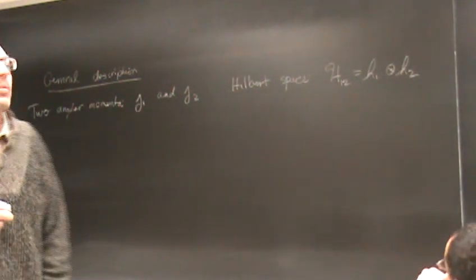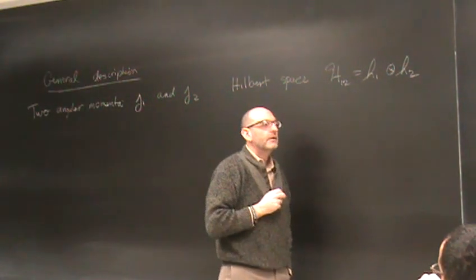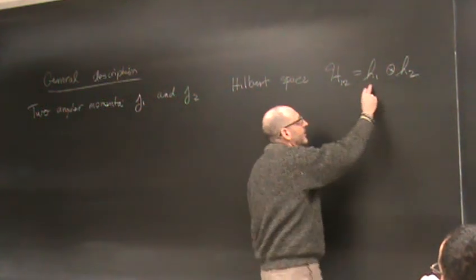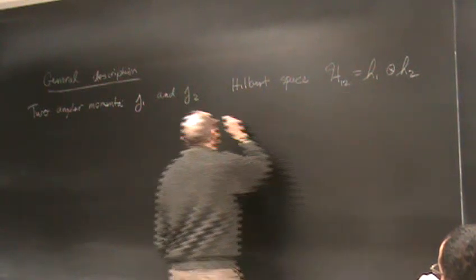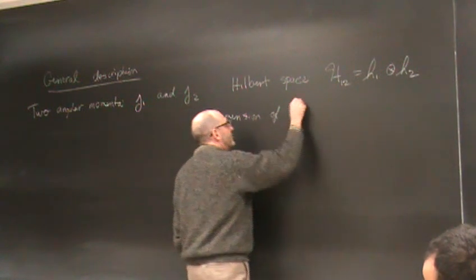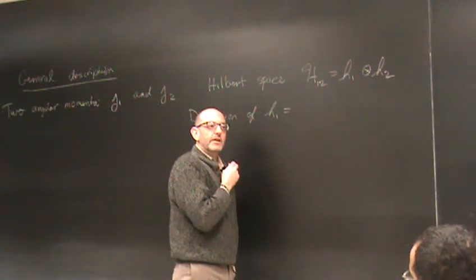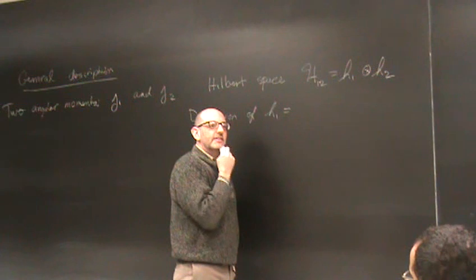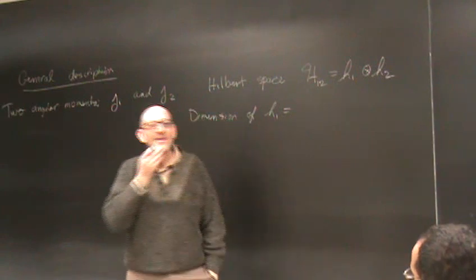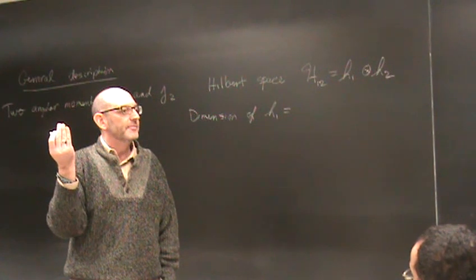So what is the dimension of this Hilbert space, H12? They don't add. First of all, what's the dimension of each? The dimension of H1, if it has angular momentum J1? Say I have a spin 1/2. What's the dimension of the system? 2j plus 1.